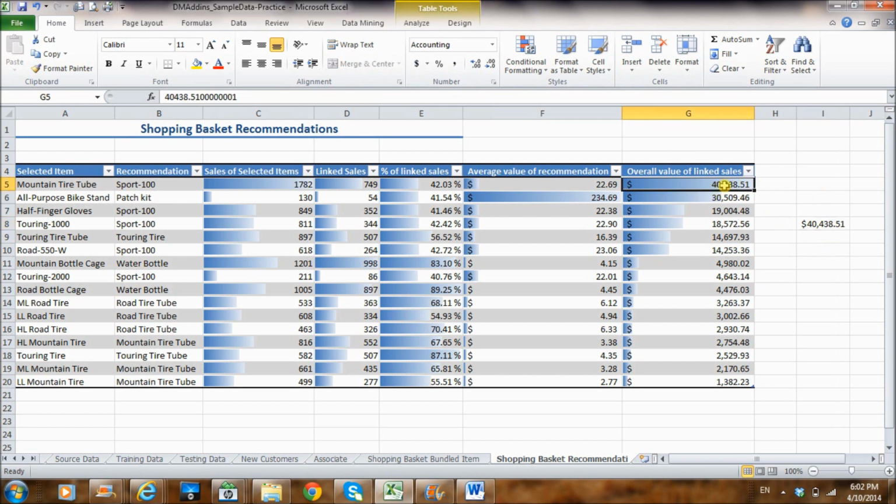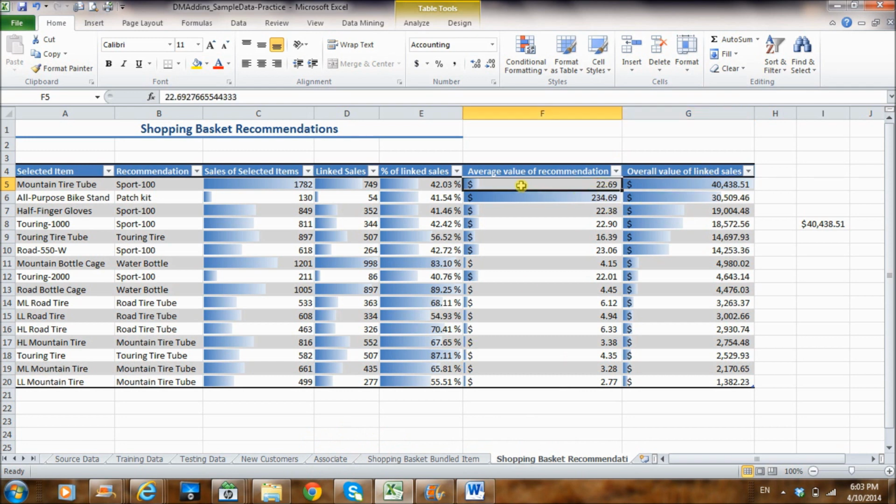So this one is basically the price of Sport 100, the recommended product, multiplied by the number of linked sales, 749. So this recommendation basically was worth $40,438 in the previous transactions shown in the associate table.